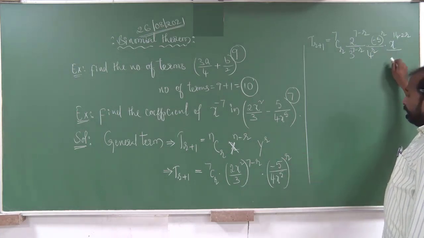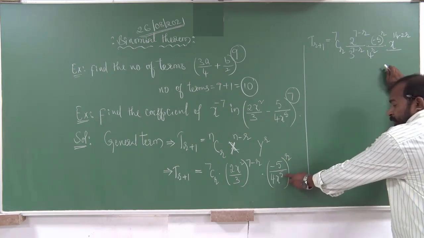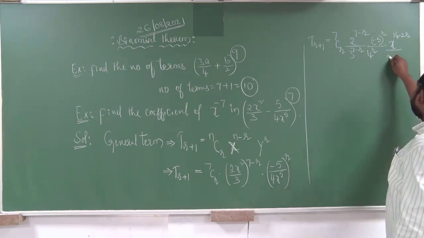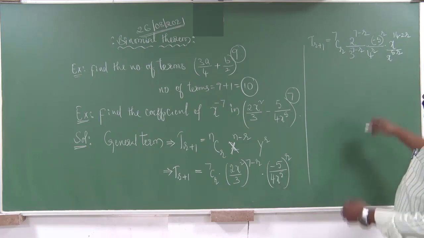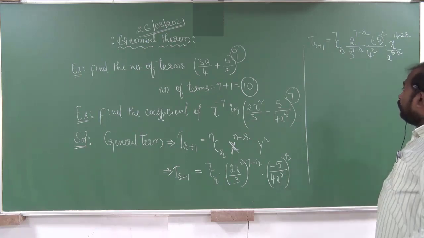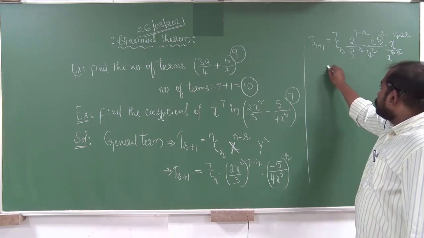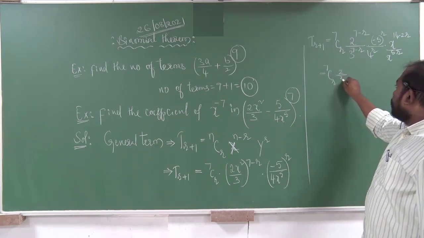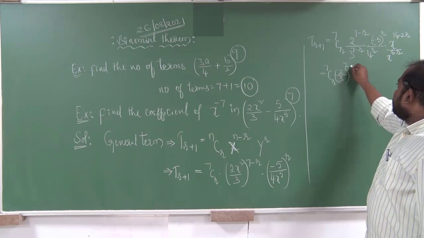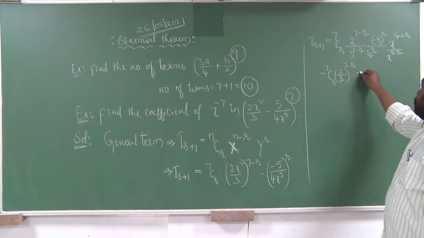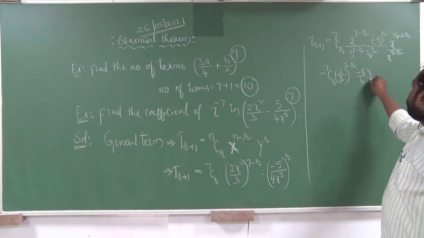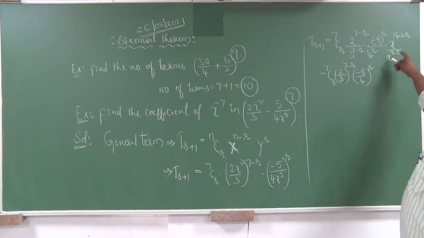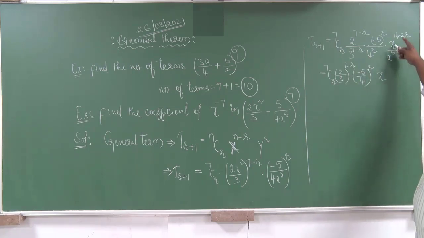Got it now? By denominator the x^5 is there, power r is there, so x^(5r) I can get like this. Now if I simplify, which is equal to 7Cr (2/3)^(7-r) (-5/4)^r into, what is the value? x^(14-2r-5r).